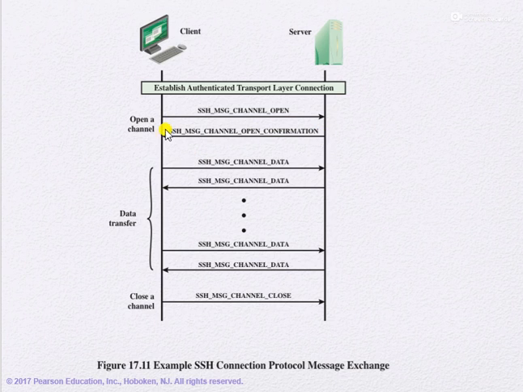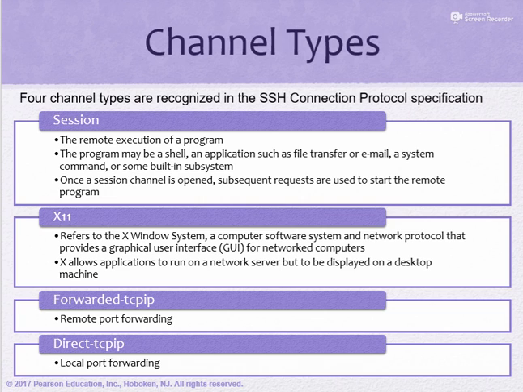Once it receives confirmation from the server, a channel has been opened between client and server, and then data can be transferred on this channel. Once data transfer finishes, you need to close this channel through the message SSH message channel close.